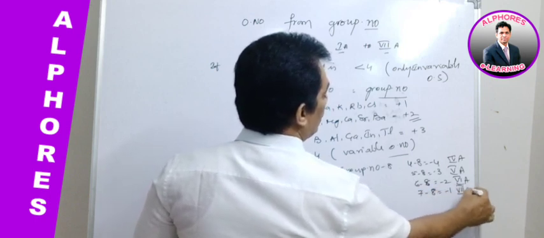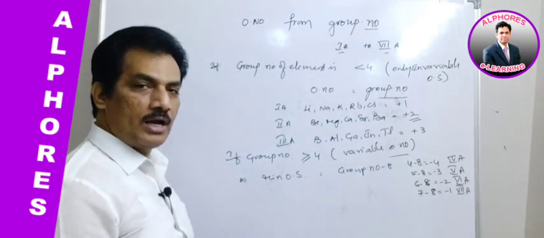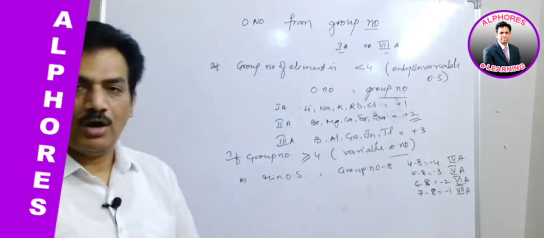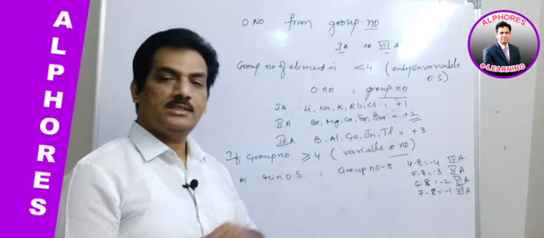Like that we have the minimum oxidation states with the formula group number minus 8.